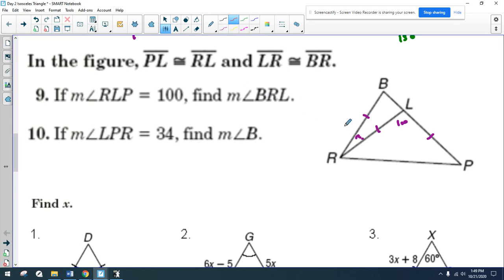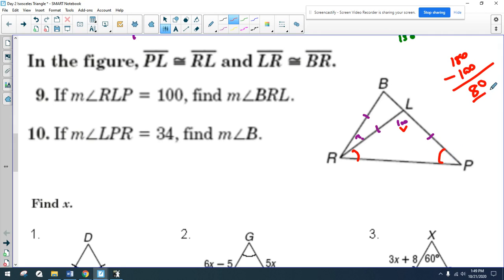All right, so to find that, first of all, if this is 100, I know with this being my vertex angle, these two will be equal. I have no idea what they are, but I know that the 3 here will add up to 180. So if I take 180 and minus that vertex angle of 100, I'm left with 80, and I got to split it into 2 equal parts.